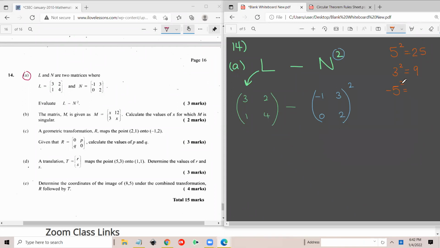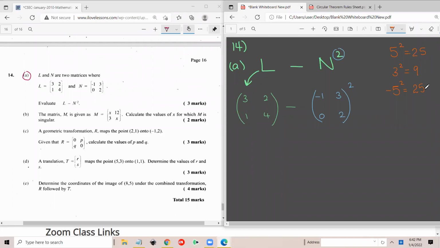Whenever you square anything in the world, you get a positive value. You have to remember that. So minus 5 squared is still positive 25, not minus 25.